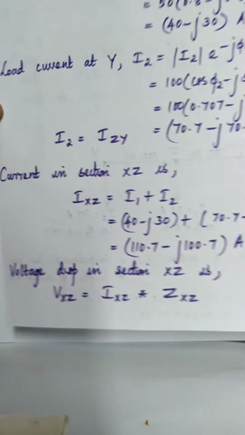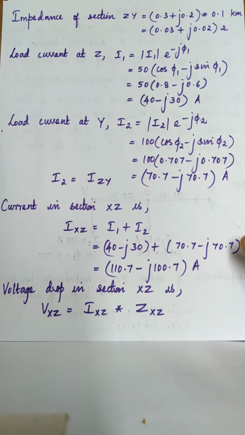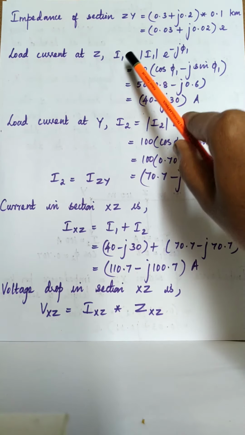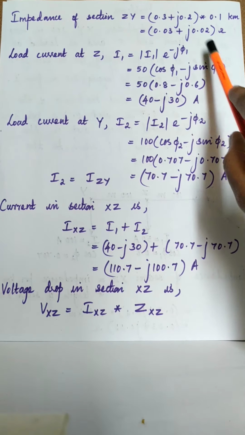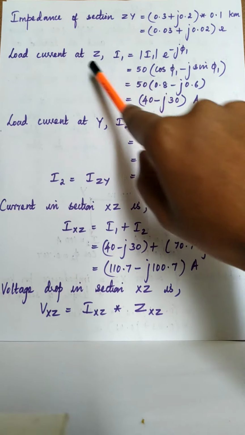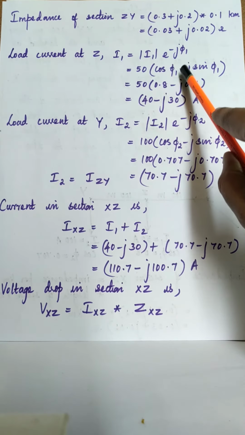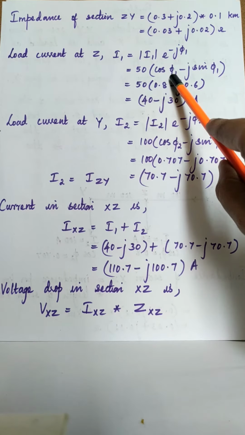Current in section: the load current at Z, I1, is equal to, since we know the magnitude and power factor separately, we put it in complex form: magnitude of I1 into cos phi 1 minus j sin phi 1. 50 into cos phi 1, which is 0.8.